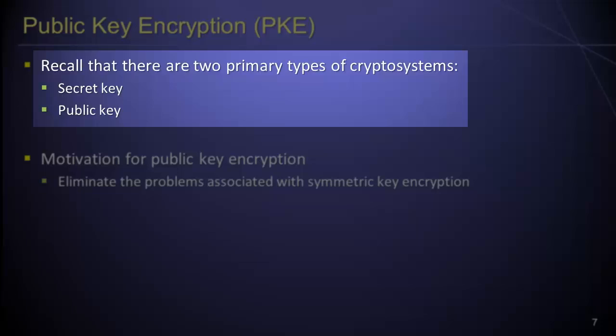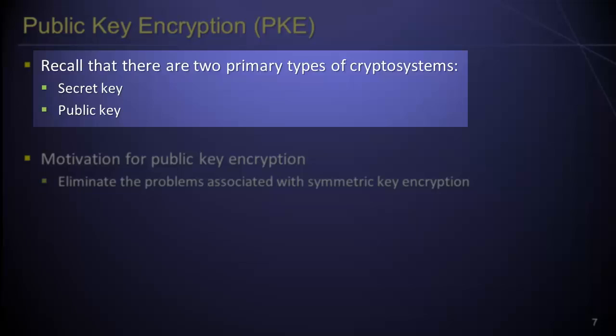Whereas a secret key or symmetric key crypto system uses the same key value to both encrypt and decrypt a message, a public key or asymmetric key crypto system uses one key to encrypt a message and a very different key to decrypt the message.